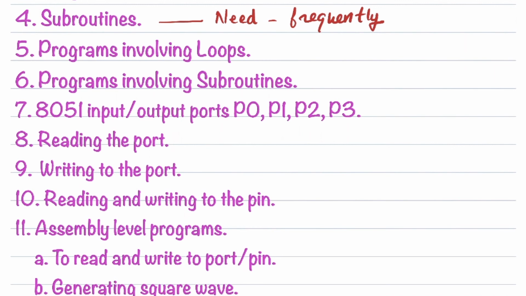And after the subroutines, we have seen some example programs which involve loops. We have seen instructions such as CJNE or DJNZ, all these kinds of instructions, and how we use them in creating loops.